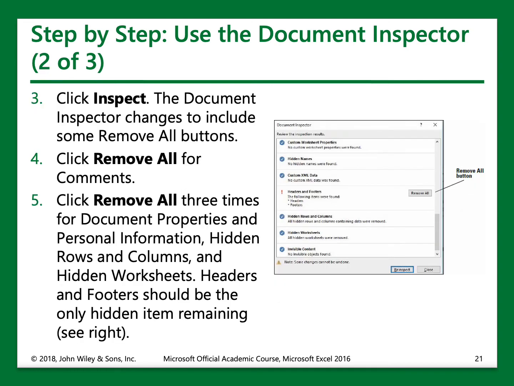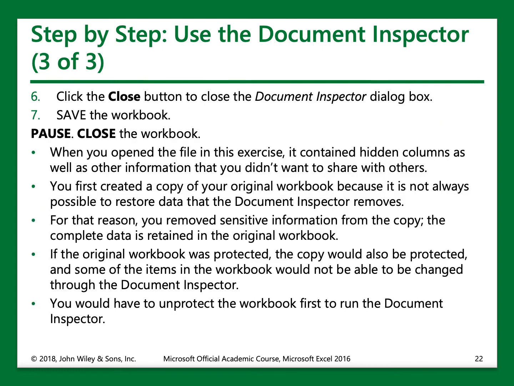Now in the inspection, we can remove all of the comments, for instance, and it will start finding all of the things that you may want to hide or check before publishing or opening up publicly this document. Then you can close and save your workbook. So it's a really good step to make sure that you utilise the document inspector, given how easy it is to implement here.